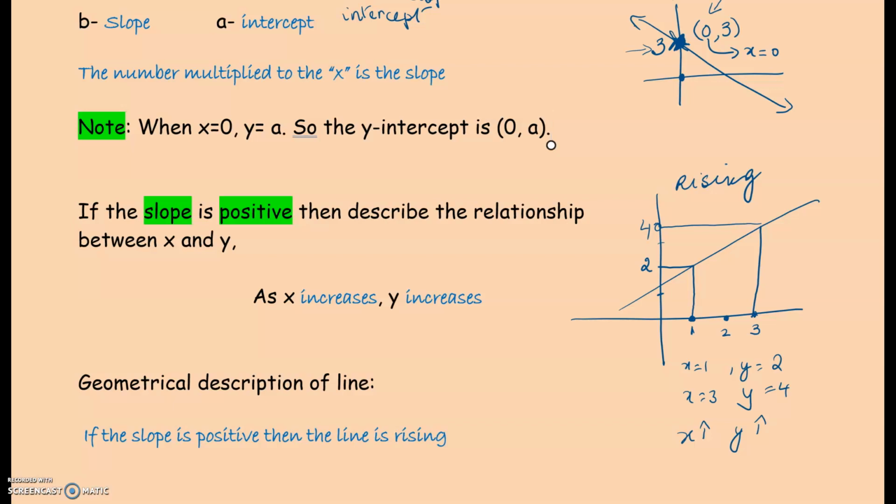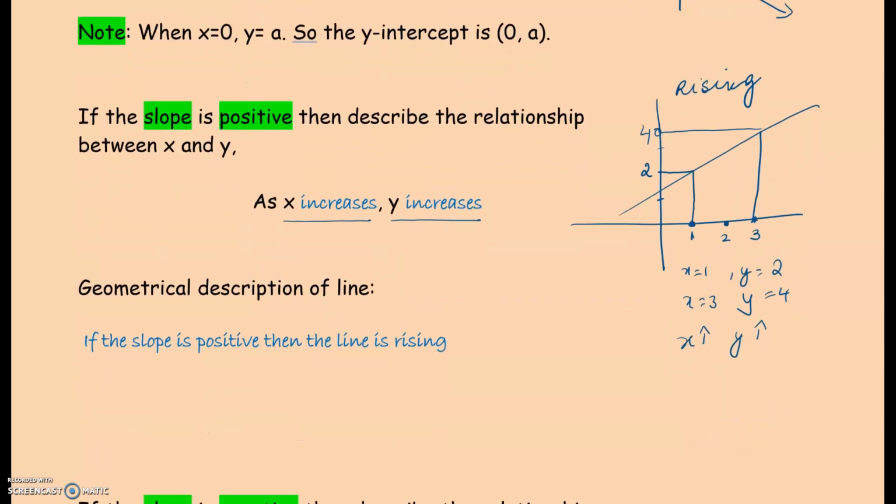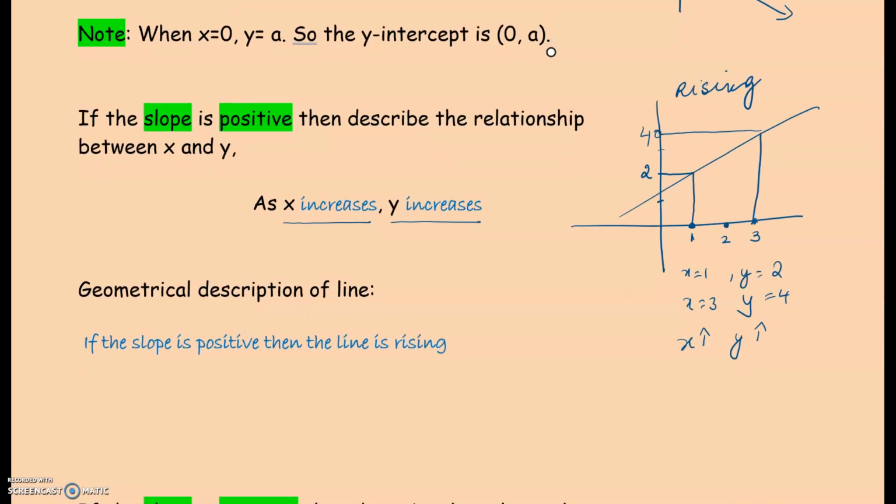As the explanatory variable increases, the response variable increases as well, and that's when the slope is positive. A line with positive slope is a rising line. Anything that looks like this, no matter how slowly or how steeply it's rising, is an example of positive slope.